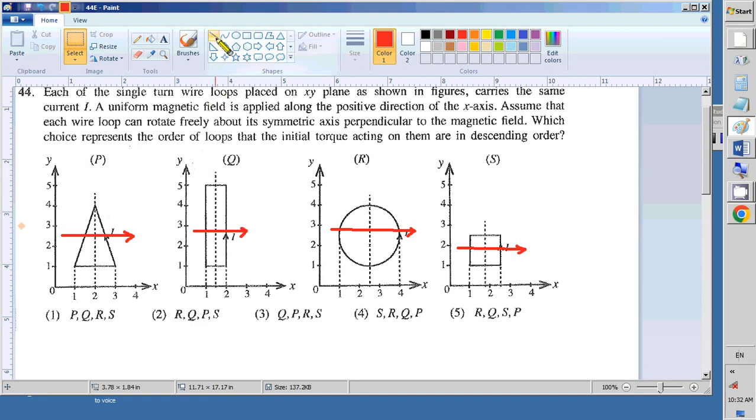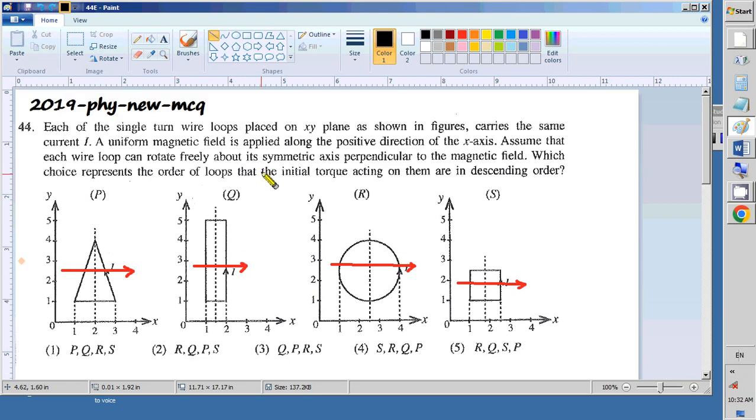If we fix an axle like this at the center like this, friction should be very low. That is why I used two eyelets at the top and bottom. Those things they don't say in this question. So that is how really we make it.